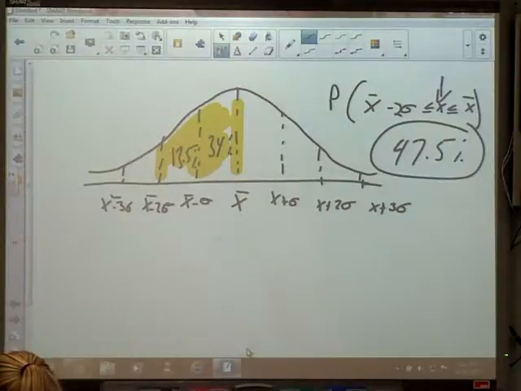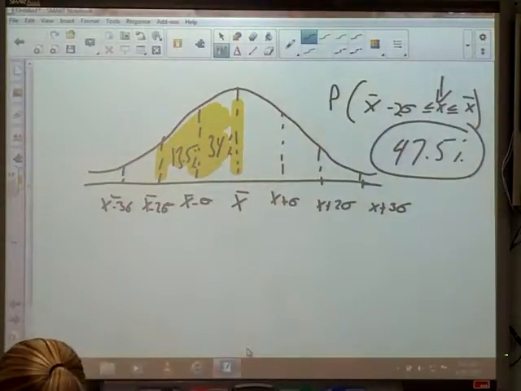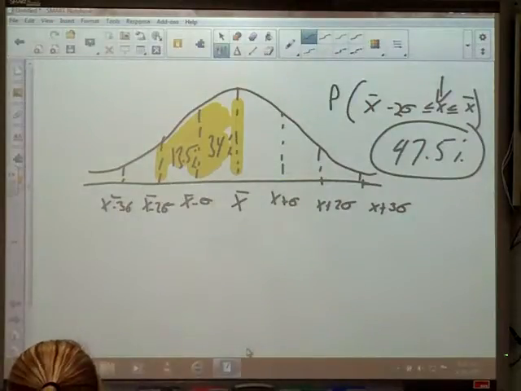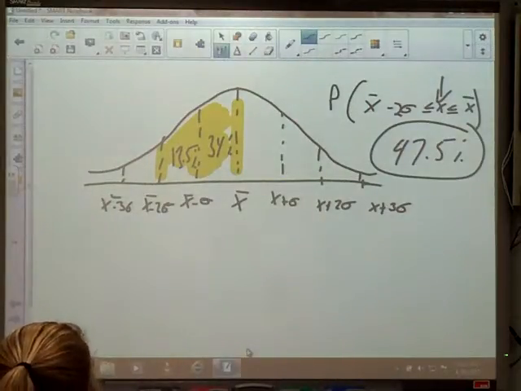Now, we're going to learn a formula for finding standard deviation and all that stuff, so don't think that all we're doing is adding 34 and 13.5 every time. We'll actually learn how to find standard deviations.